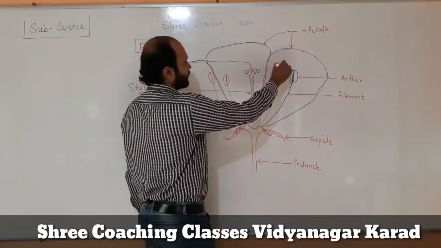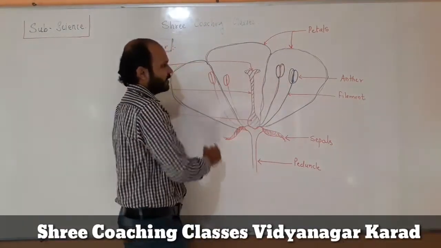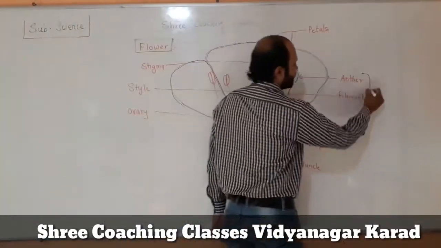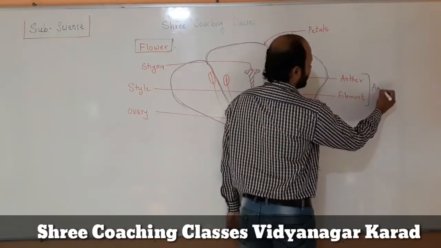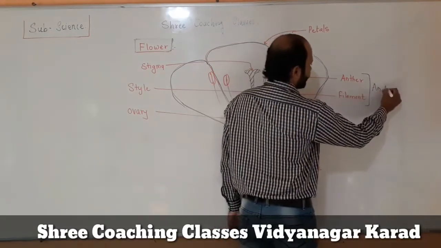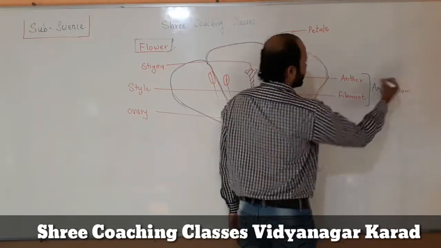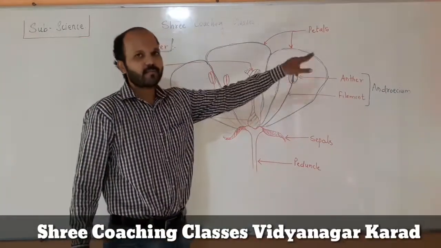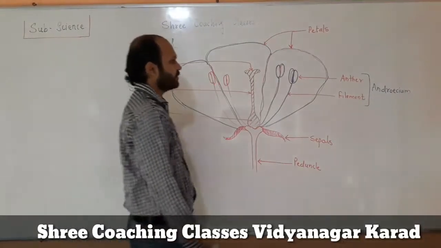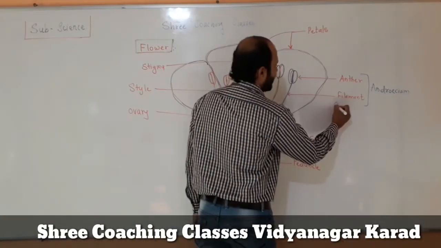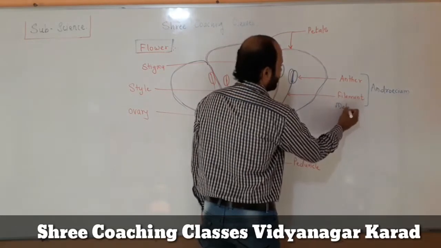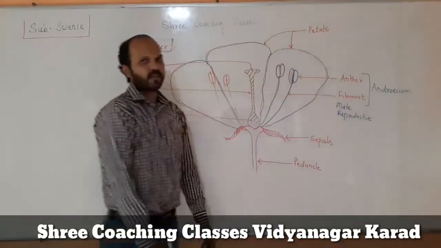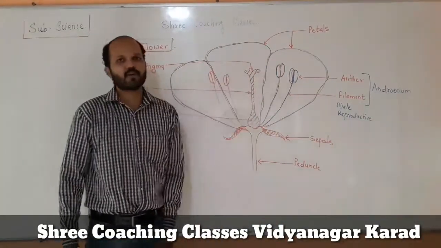Anther and filament together are called the androecium. This androecium is the male reproductive organ of the flower.